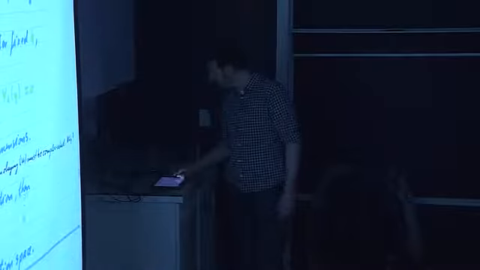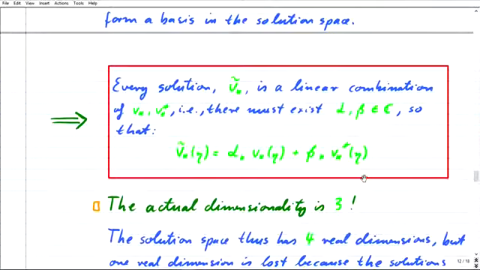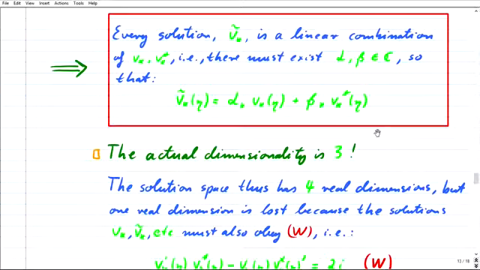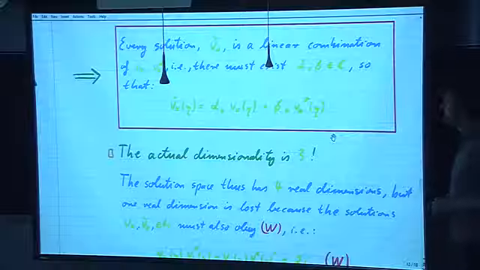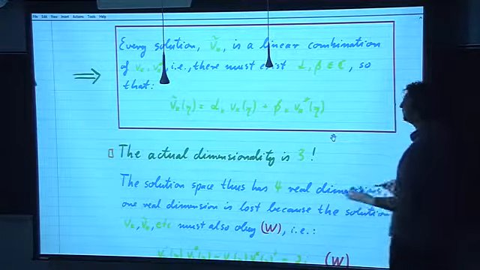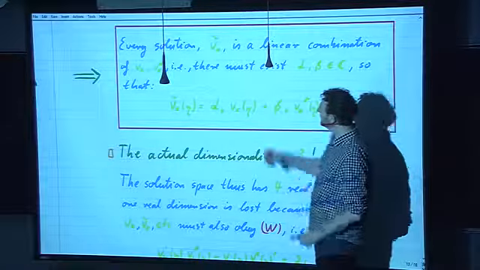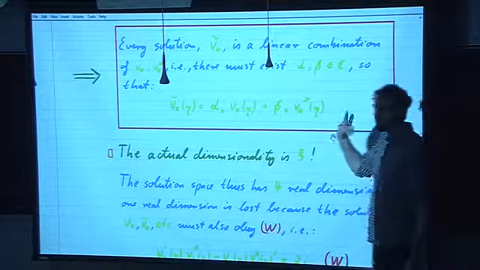It has to have a real and an imaginary component. So we can use V and V star to form a basis in the solution space. But since our solution space has only two dimensions, two complex dimensions, any other solution to that Klein-Gordon equation has to be a linear combination of these two. That's important information here.